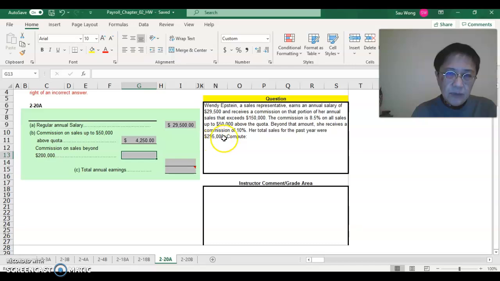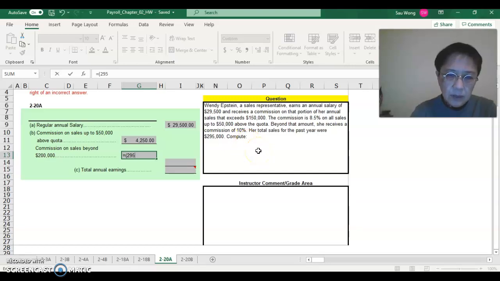So equal 295,000 minus 200,000, and then times the 10%.